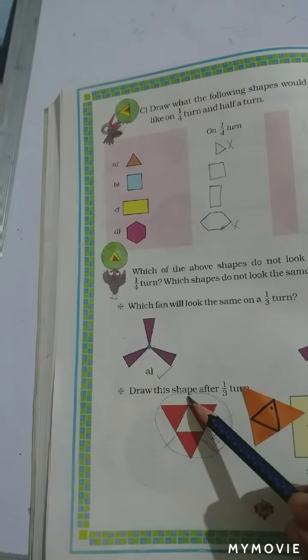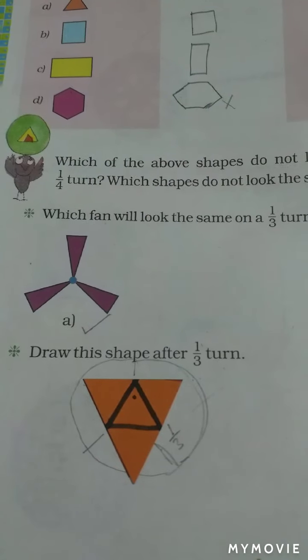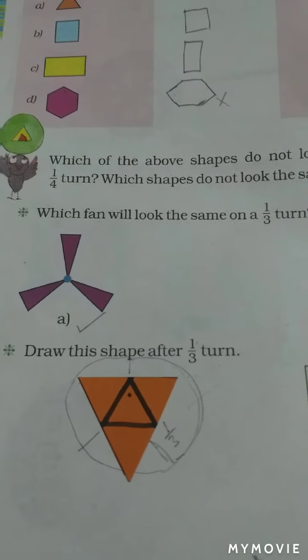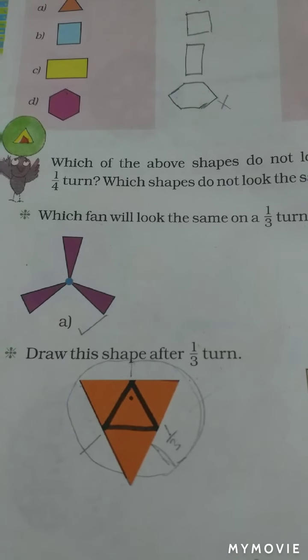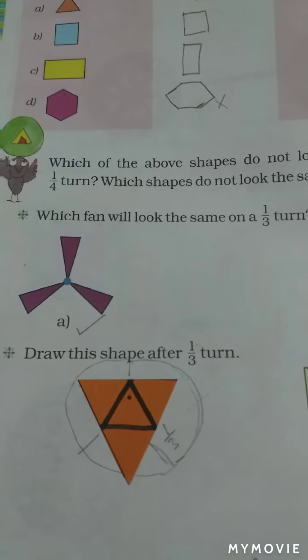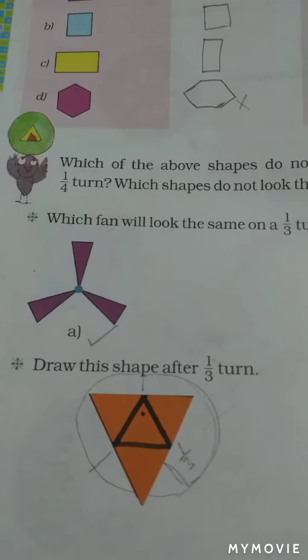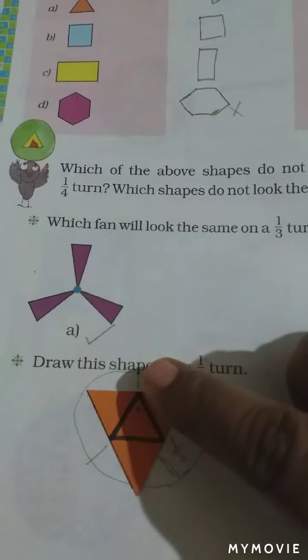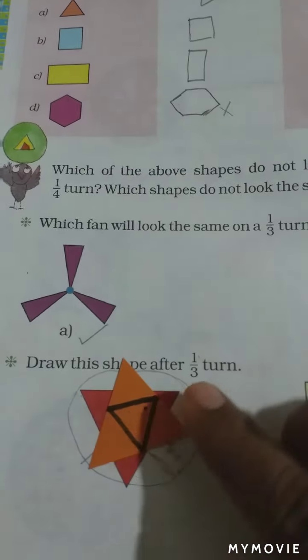So I have to bring my point from here to here and see what the figure looks like. Children, now I'm going to turn this figure and give it 1/3 turn, and let's see what the figure looks like. Okay, so I'm going to turn it from here. It should come here, so I'm going to turn it.